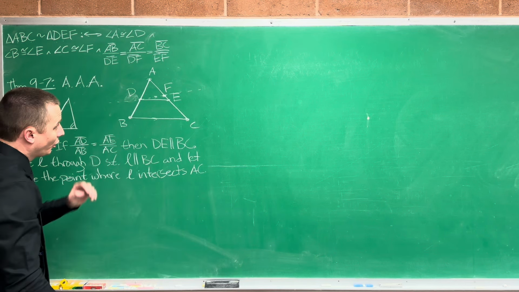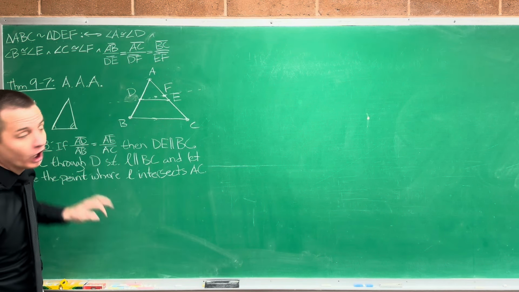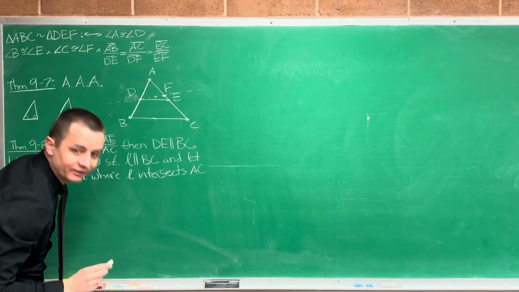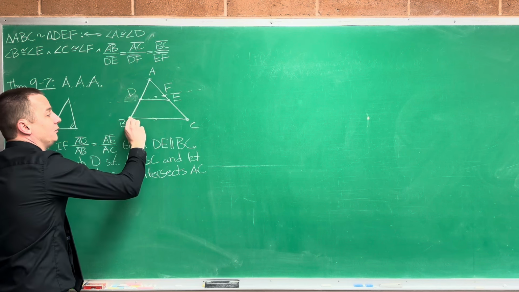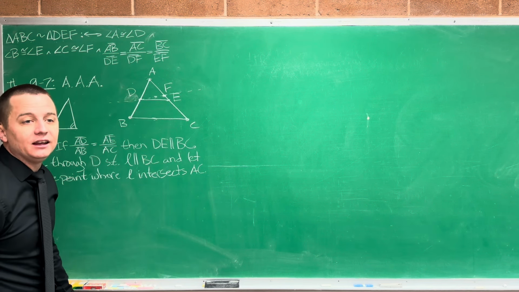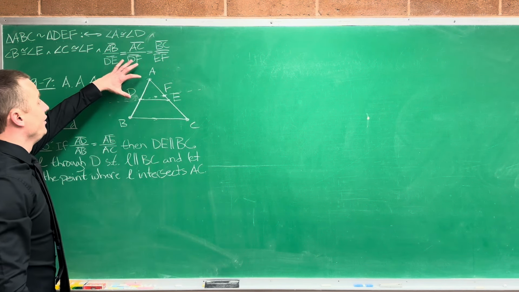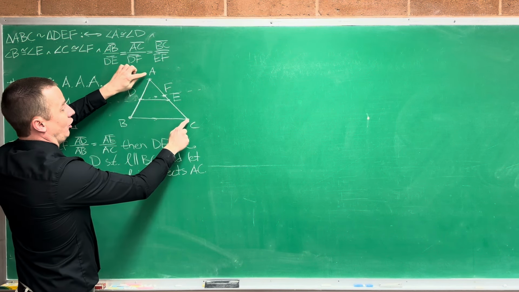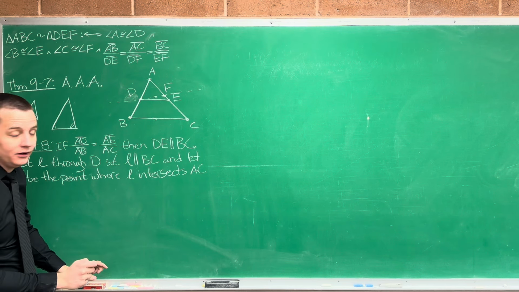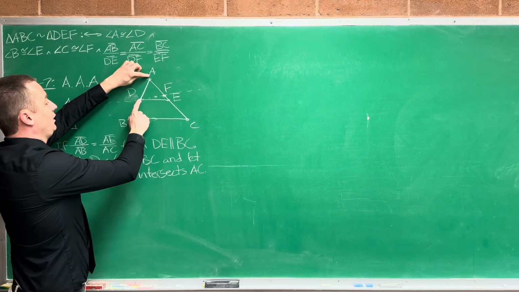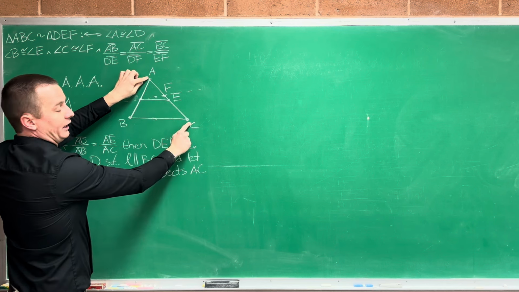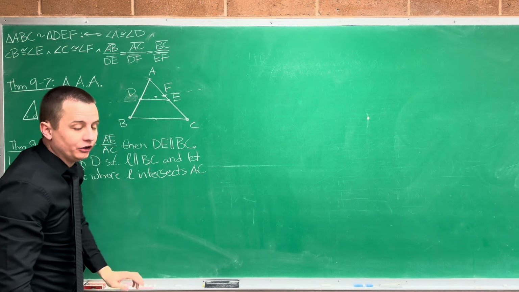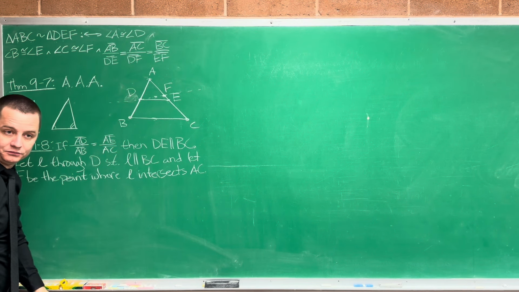Okay, so we got that. What I need to argue is that ADF is similar to ABC. If ADF is similar to ABC, then AD over AB is equal to AF over AC. But I already know that AD over AB is equal to AE over AC. Therefore, I'm going to get that AF is equal to, its length is equal to AE.